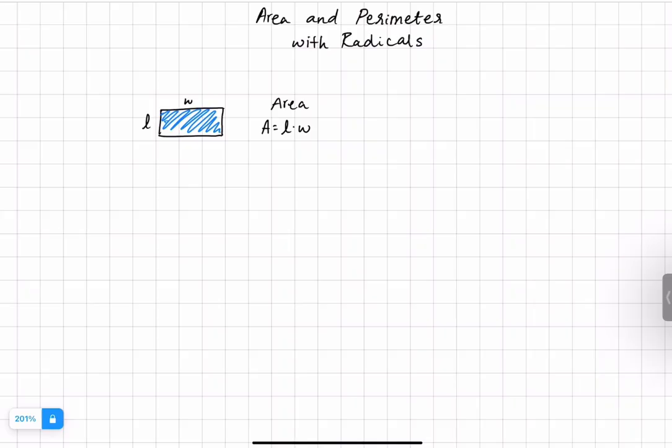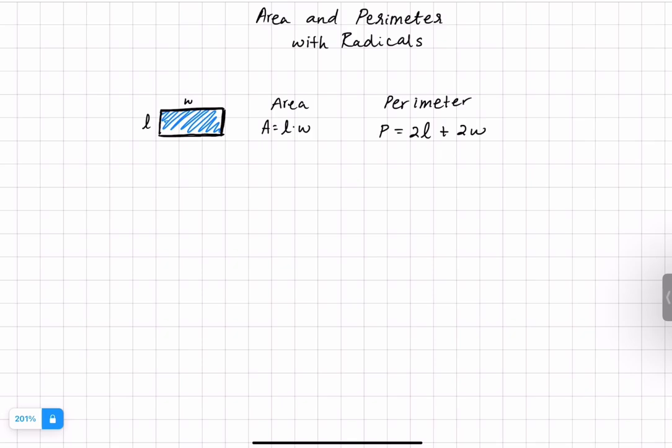Okay, so the formula for the perimeter of a rectangle is 2 times the length plus 2 times the width. So we're adding the width plus width, so 2 times this width, this one and this one, so we cover both of them, plus 2 lengths, so this and this side.